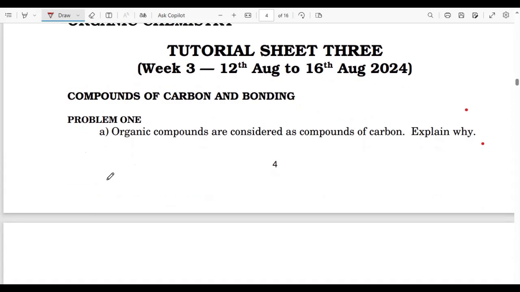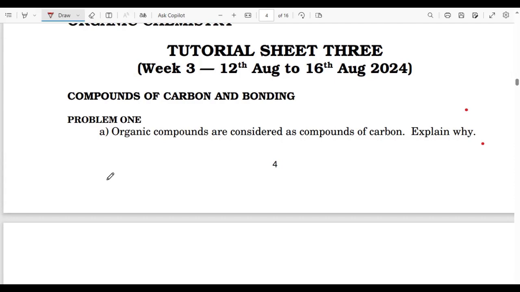If there's an absence of carbon in that compound, then we can't say that it is an organic compound. For it to be organic, carbon must be present. So you explain that it's because carbon is the main element of all the compounds that are called organic compounds.